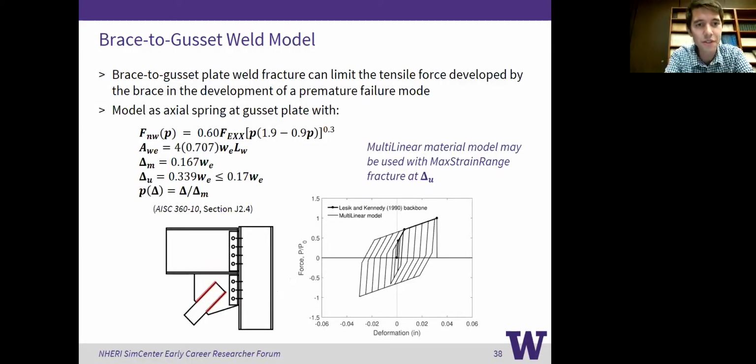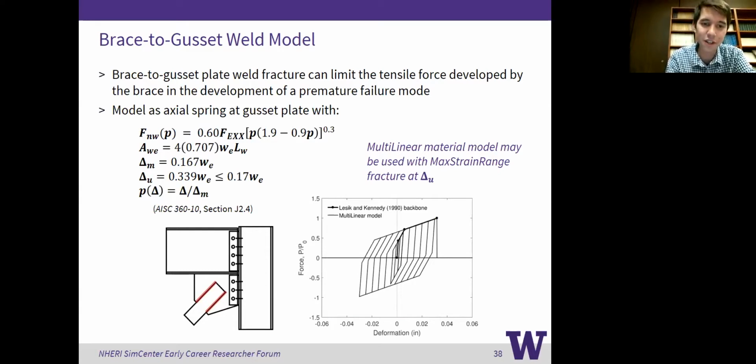So let's talk about the different connections and how I'm using the generalized maximum strain range material wrapper to simulate these NCBF connections. If I have a brace to gusset weld fracture, I'm going to model the brace to gusset weld using some recommendations for the load deformation behavior from the AISC steel construction manual, actually from the specification.